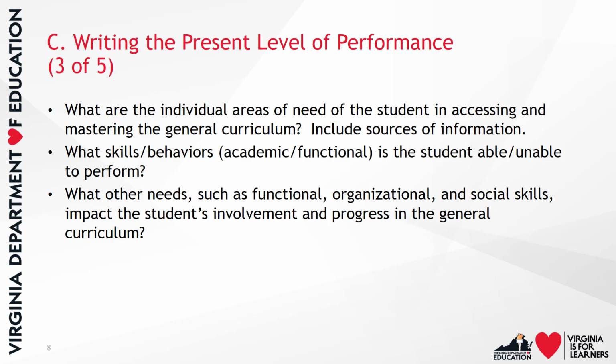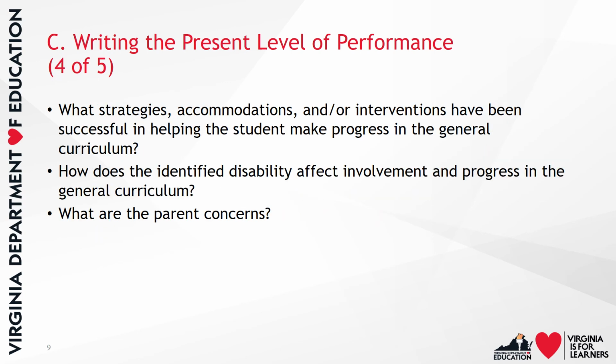What are the individual areas of need of the student in accessing and mastering the general curriculum? What skills, behaviors, academic and functional, is the student able or unable to perform? What other needs, such as functional, organizational, and social skills, impact the student's involvement and progress in the general curriculum?